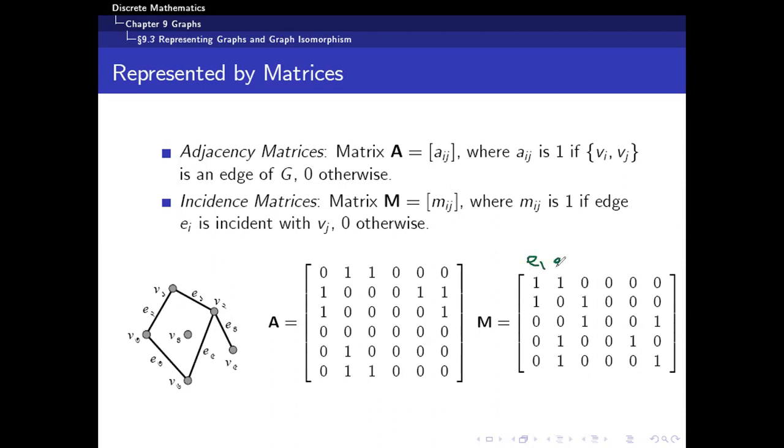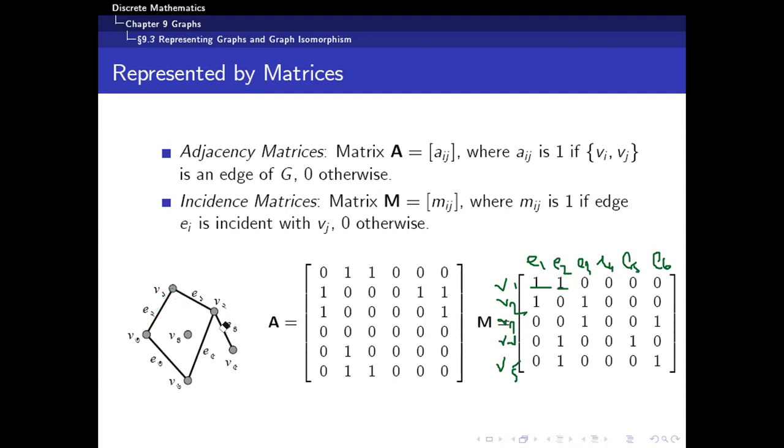E1, E2, E3, E4, E5 and E6. And in here, V1, V2, V3, V4, V5. Okay, now see, the V1 node is connected with E1 and E2. So that's why these two are 1, 1. The others are 0.